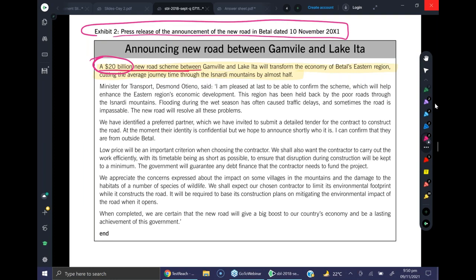Guys, are you getting this? No, we can start talking about this, that this project is double the size in terms of its value. So you can start talking about this and then come to the more specific points. Rabia, is that okay? You can start with this discussion, and the examiner will really like it, that you are picking the actual facts and figures from the exhibits and explaining how big the project is.